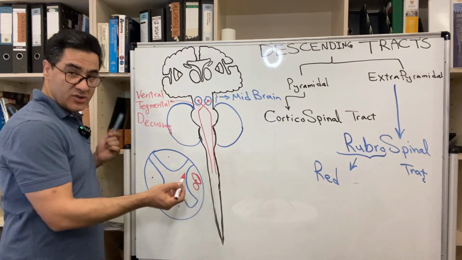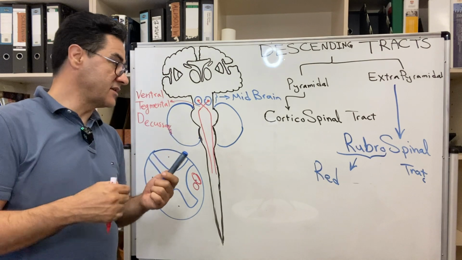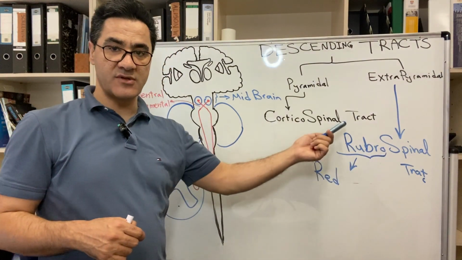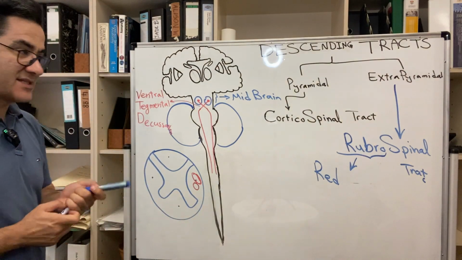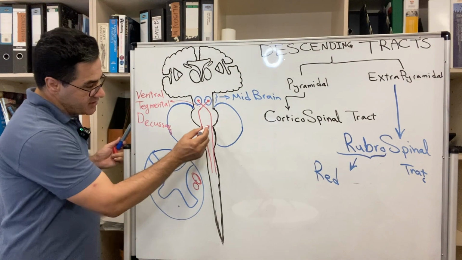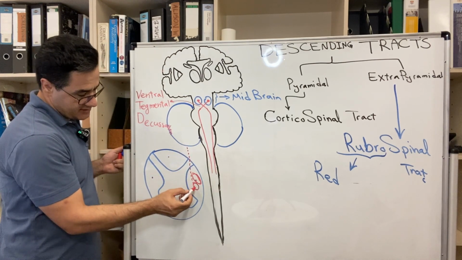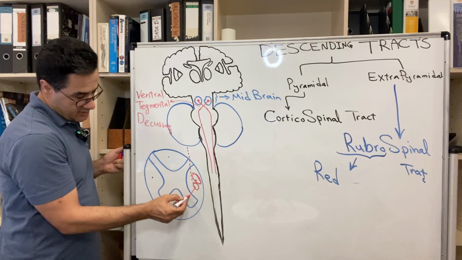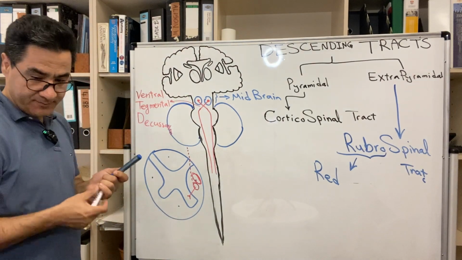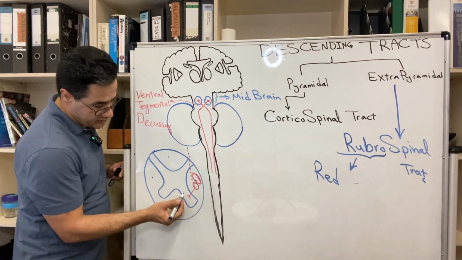They are so close to each other. In some textbooks, they are described as intermingling with each other. It seems that the rubrospinal tract is a little brother of the corticospinal tract. It assists the corticospinal tract. So when the tract has landed here, it ends up synapsing onto the cell body of the lower motor neuron, which is within the ventral horn of the gray matter.